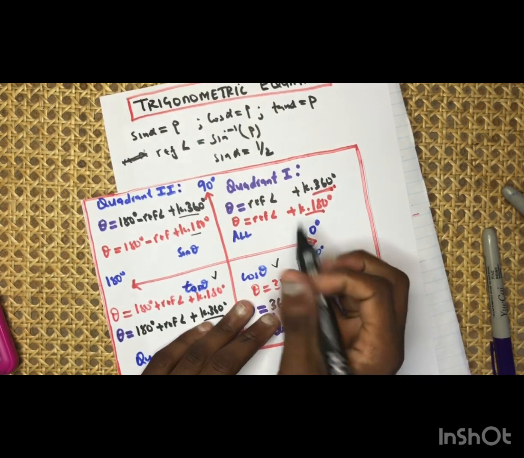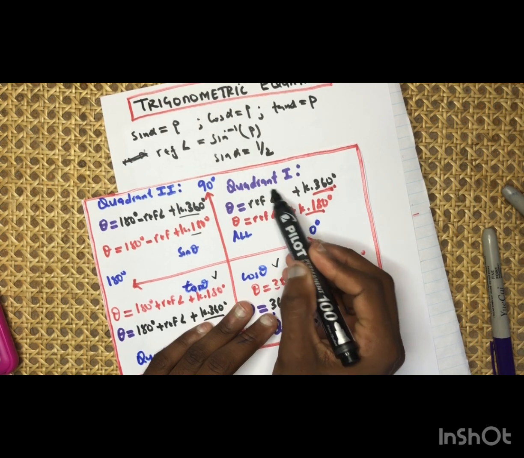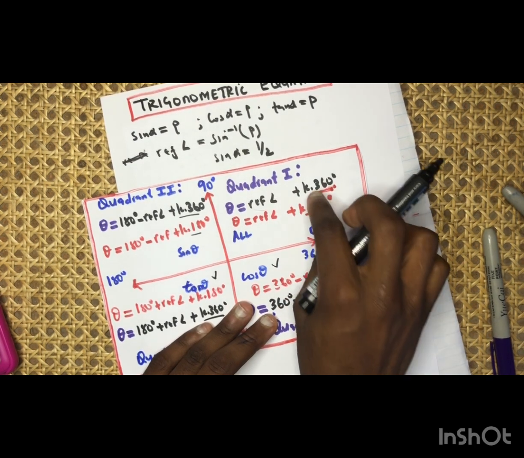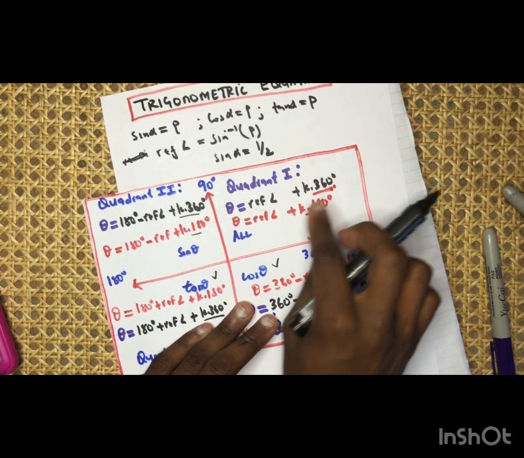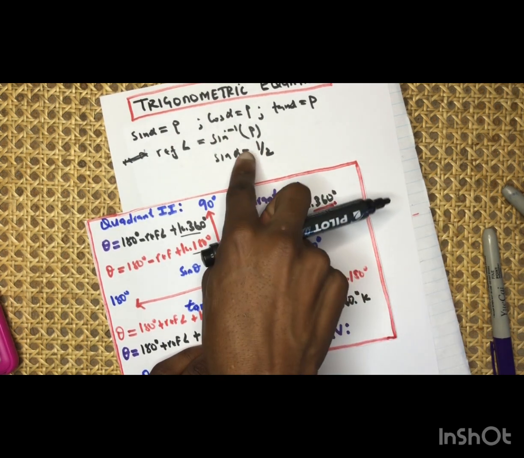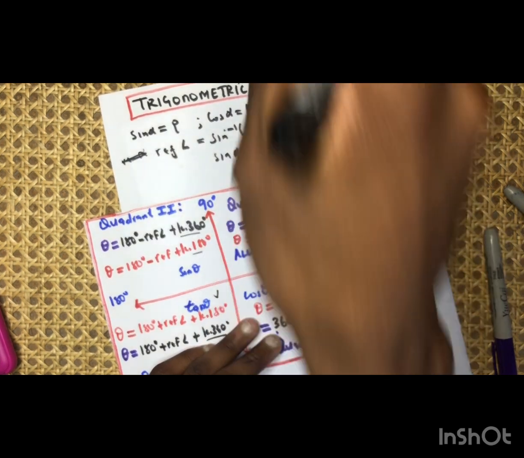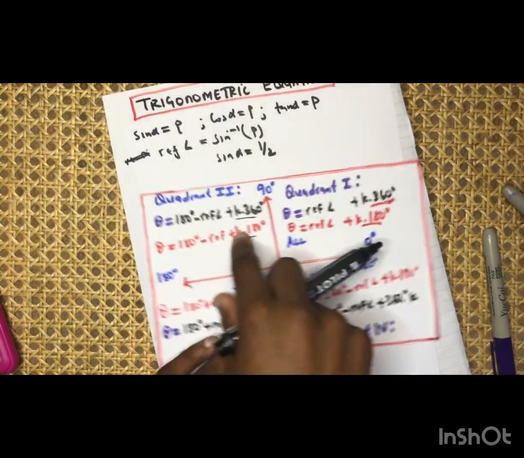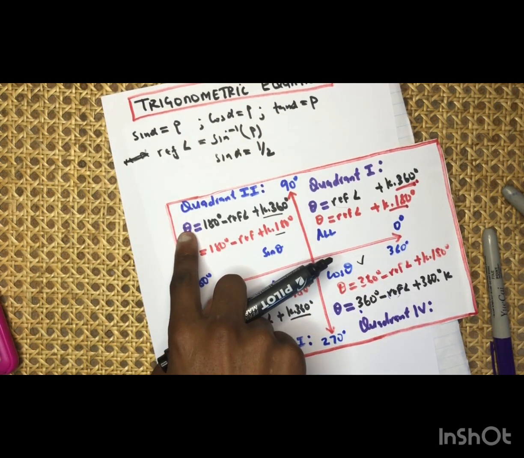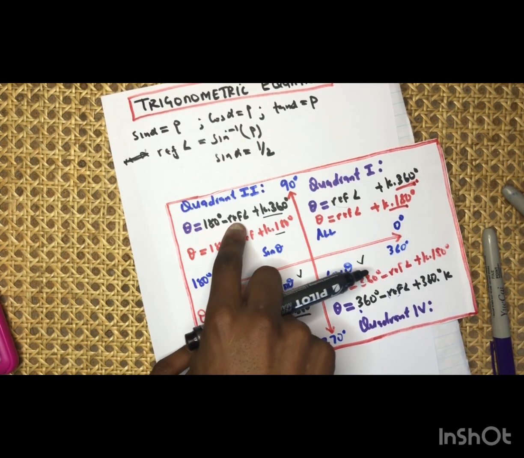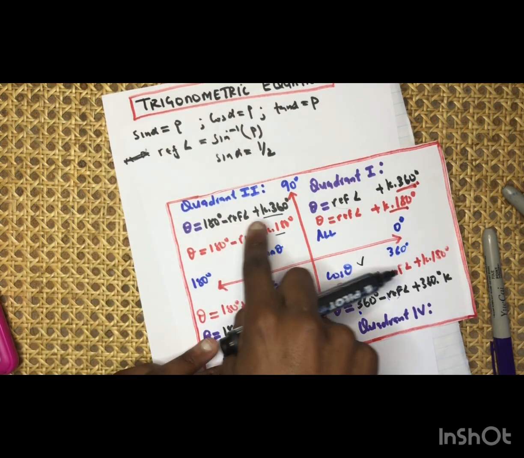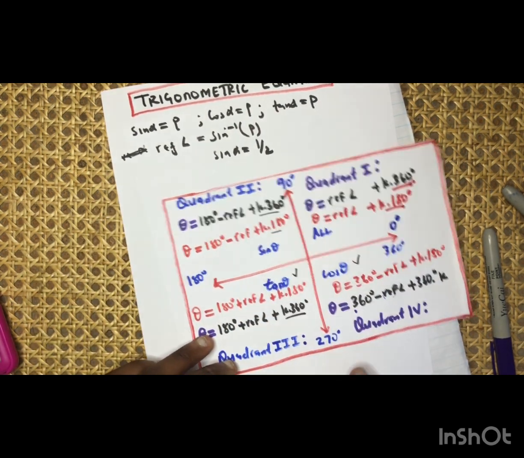Bear in mind, here we have theta is equal to the reference angle plus k times 360 degrees. You already found your reference angle in your first step. Then you go to quadrant 2, where sine is positive, to say 180 minus your reference angle plus k times 360 degrees.